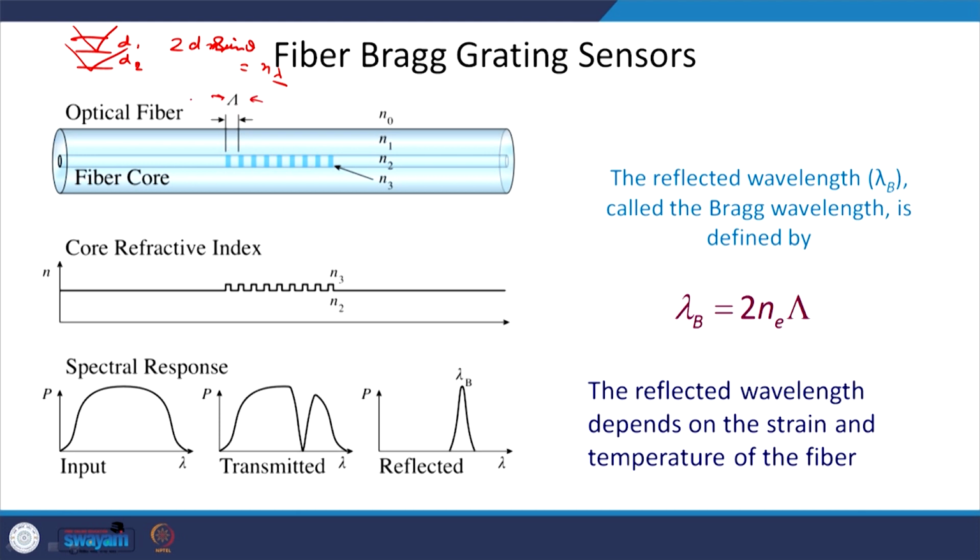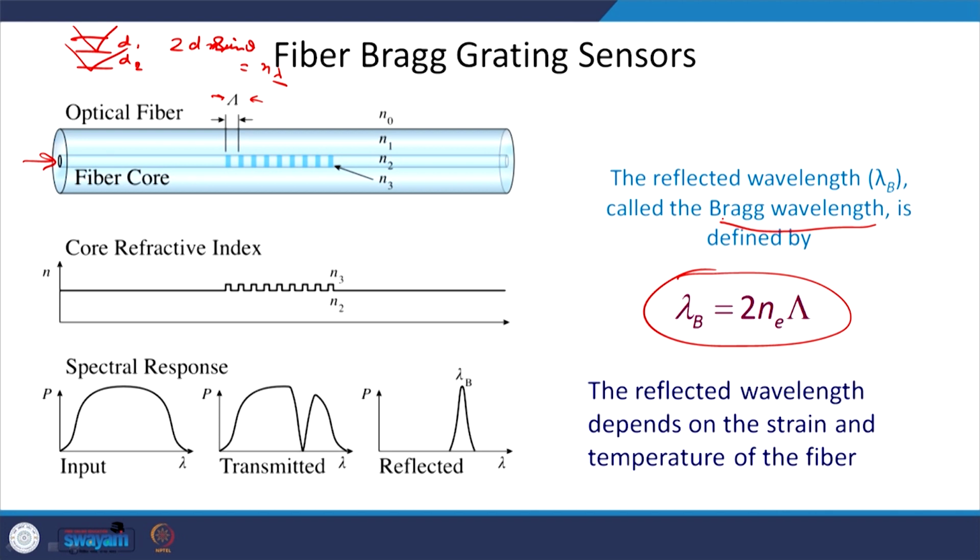When you shine light here, if this condition is satisfied, where n is the effective index of the medium, then with polychromatic light you get a sharp dip in the transmitted light, or a sharp peak in the reflected one. That is called the Bragg wavelength, and it is a characteristic of this grating period.